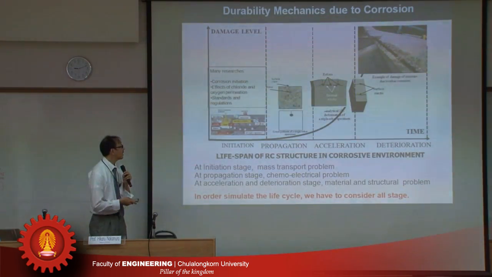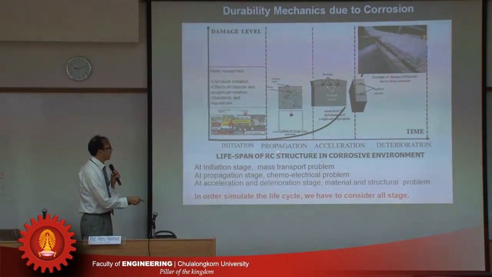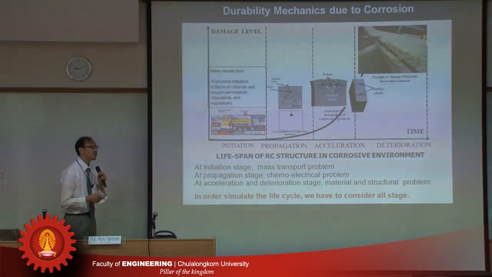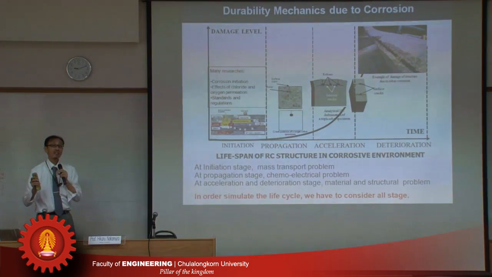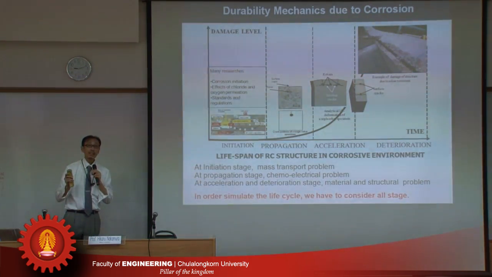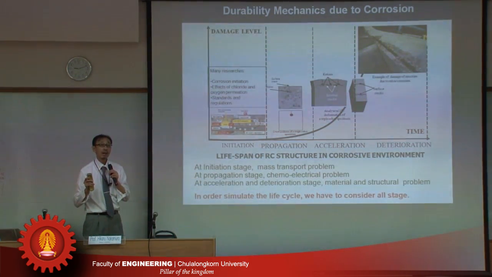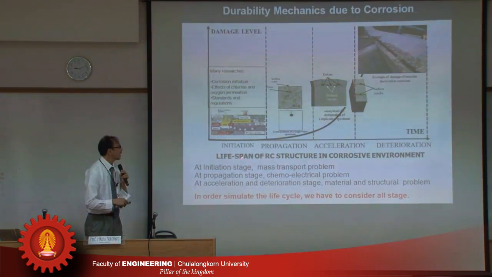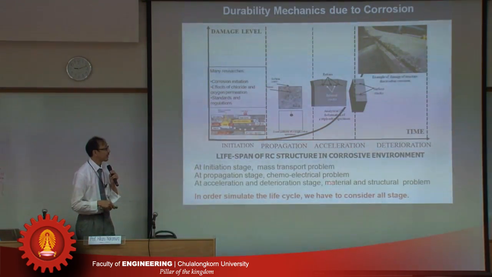Corrosion starts, and at that time it is the propagation stage. In this stage, the chemoelectrical problem is important. I mentioned corrosion is an electric problem. After that, in the acceleration and deterioration stages, material and structure problems are important.